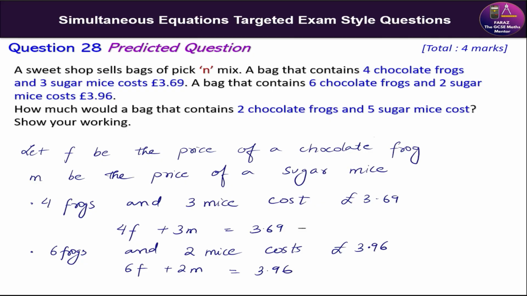That's our equation number 1 and equation number 2. Okay, now we are going to solve these equations simultaneously. So let's rewrite those equations there. It is 4F plus 3M equals 3.69 and 6F plus 2M equals 3.96.